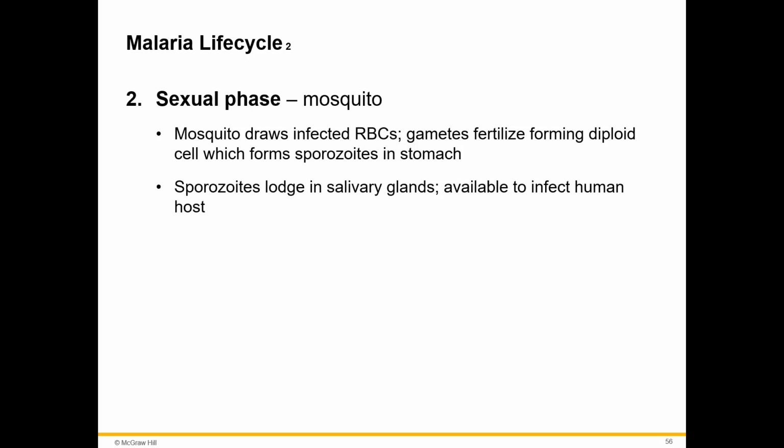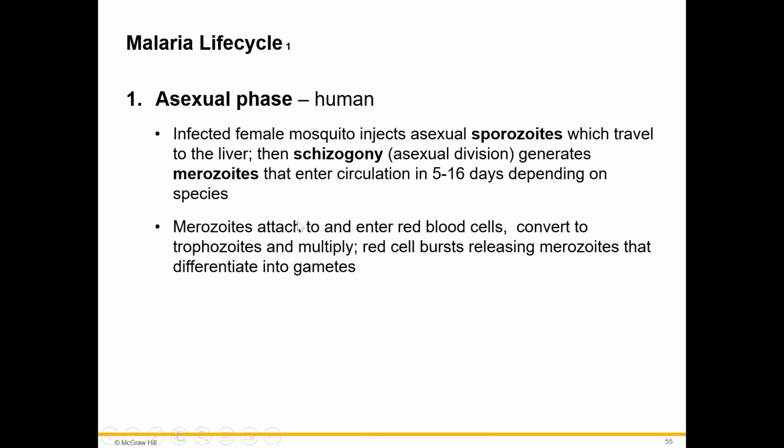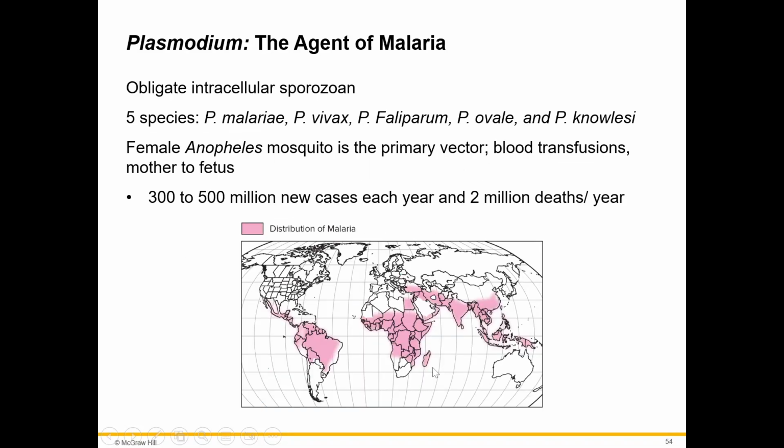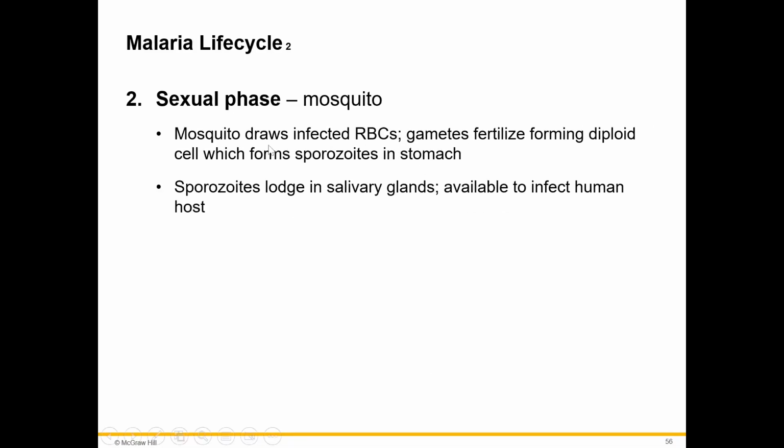And so sexual phase, let's talk about the mosquito, okay? The mosquito draws basically infected red blood cells from the host, right? And so those gametes that were made in us and spread throughout our bloodstream, right? The mosquito is gonna slurp that up, and those different gametes that it ingested are going to fertilize each other, and then they'll form a single diploid cell, right?